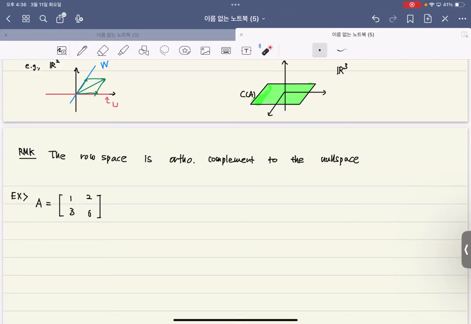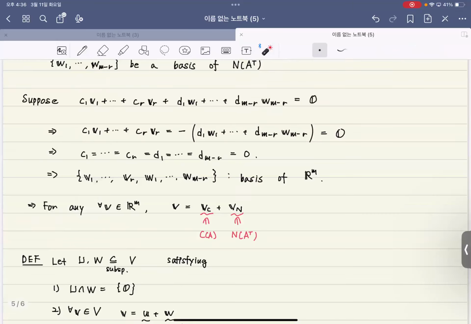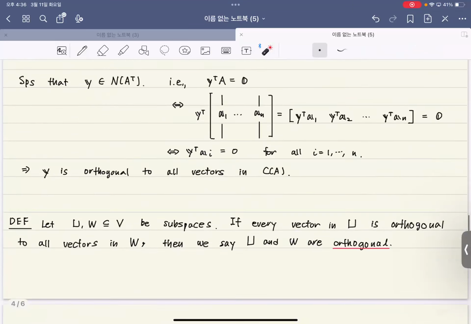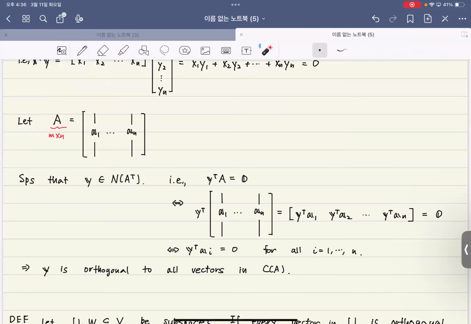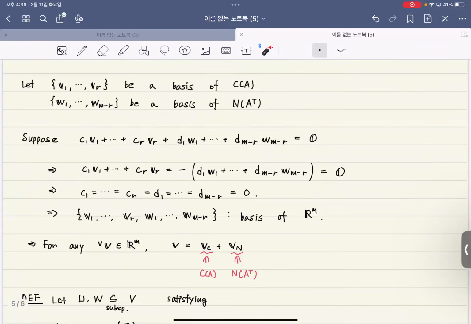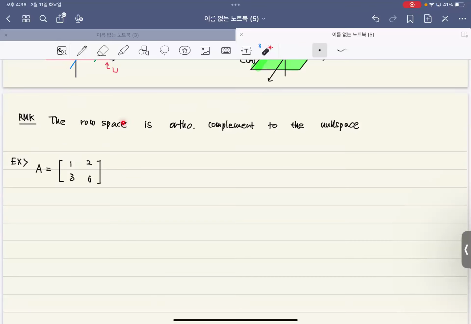This is also very easy because if you take the transpose of A and apply the same logic, you are easily convinced that the row space must also be the orthogonal complement of the null space. Those two are subspaces in Rn, their dimensions are complementary, and they are orthogonal. I will not say too much detail about this remark, but I guess you are easily convinced.